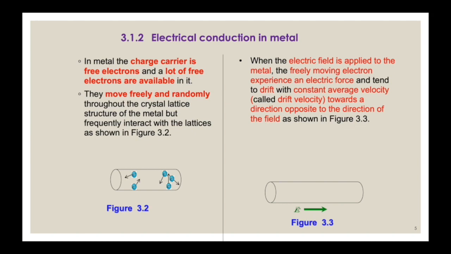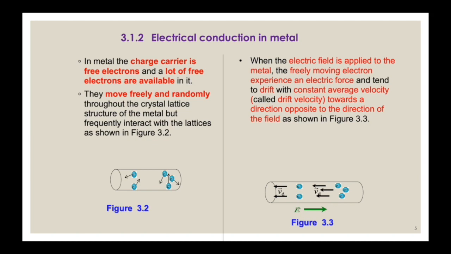Let's say our electric field moves from left to right. This is our electron. Firstly, it moves randomly, but when we apply the electric field, it will flow from negative to positive terminal.